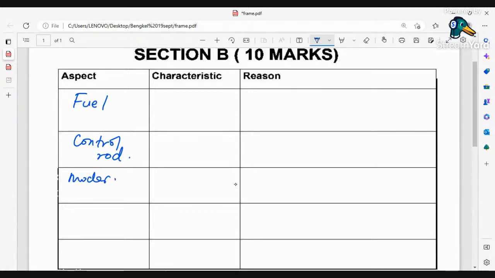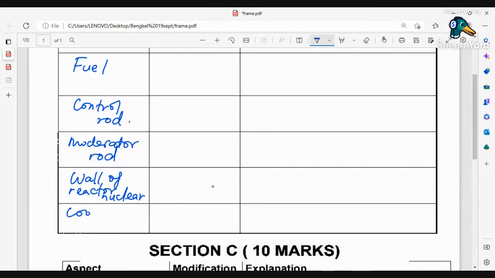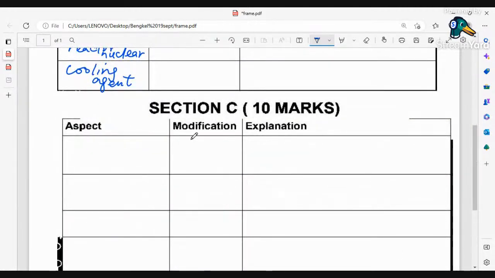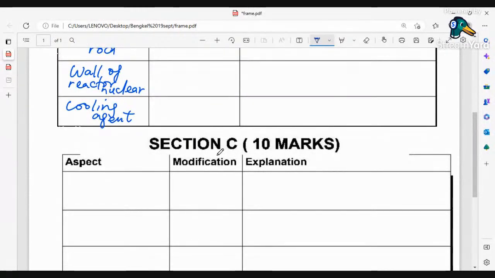Kita ada moderator rod. We have the wall of reactor nuclear. And then one more cooling agent. Okay, so the characteristic. So actually this one is section C, so it should be here, right here. Okay, it should be here.